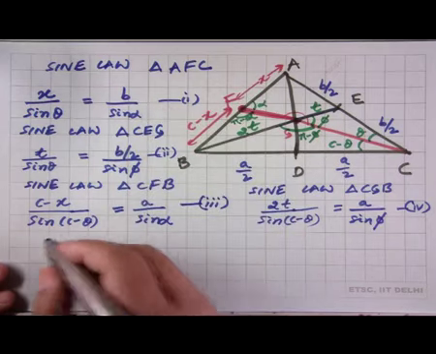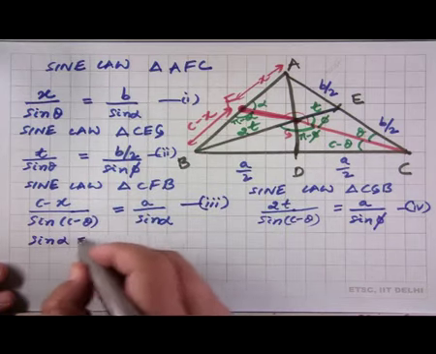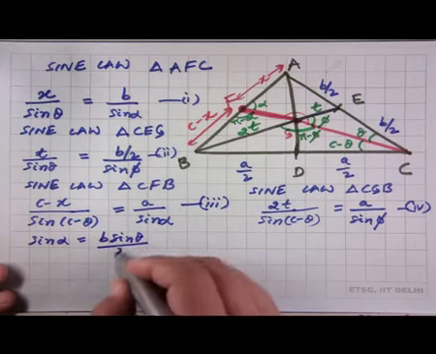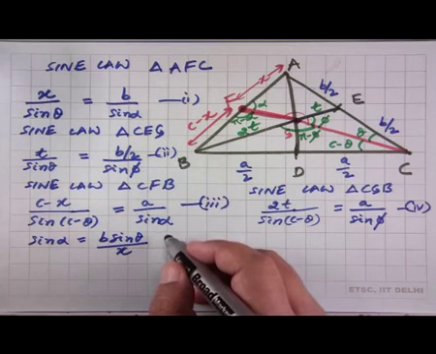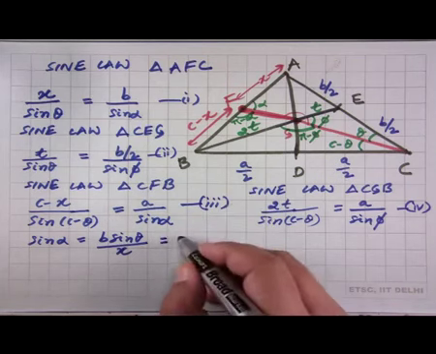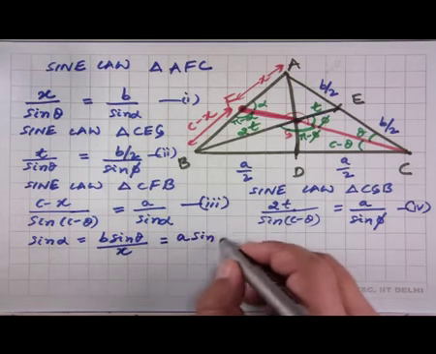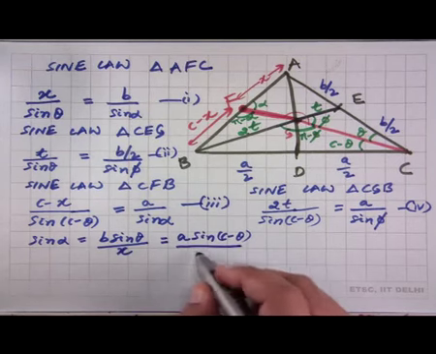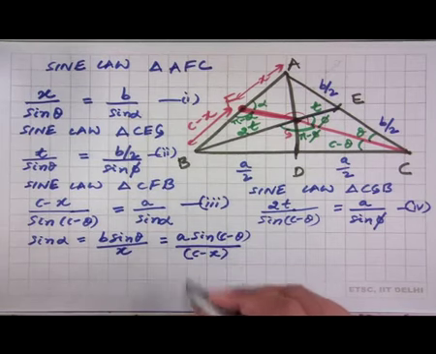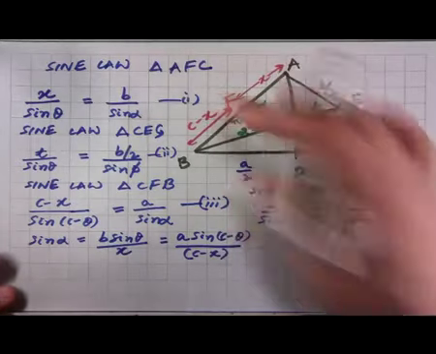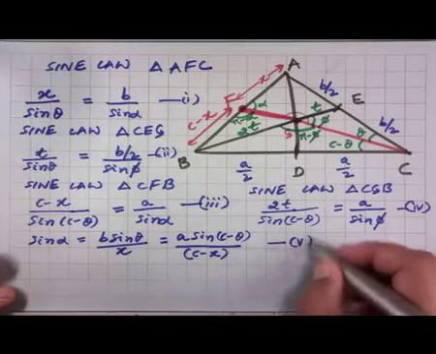From equation 1 we have sine alpha is equal to b sine theta over x, and from equation 3 we have sine alpha equal to a into sine of C minus theta over C minus x. This we get by combining equation 1 with equation 3, and let us say that is equation 5.